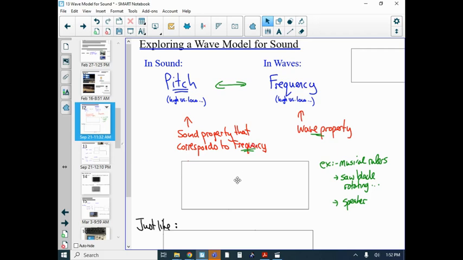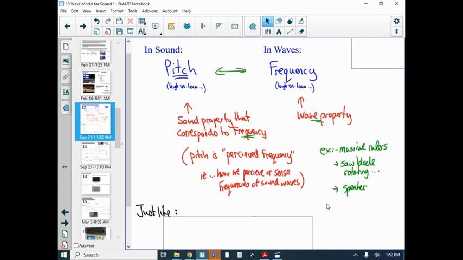We already have observed that. And so really, you think of it as perceived frequency. The frequency of a sound coming towards your ears, what we perceive as hearing as a high pitch sound. If it's a low frequency sound wave coming towards your ears, it's a low pitch, right? So a low pitch sound versus a high pitch sound.